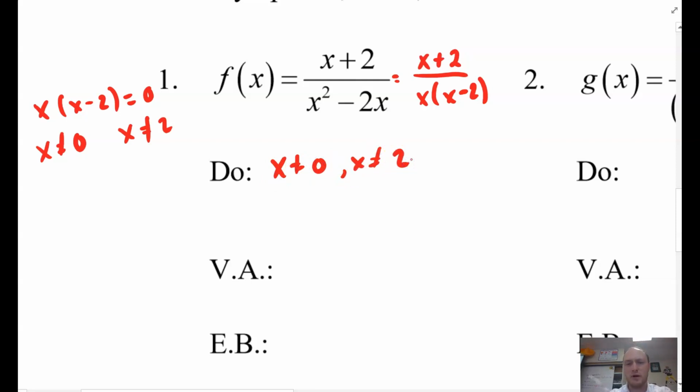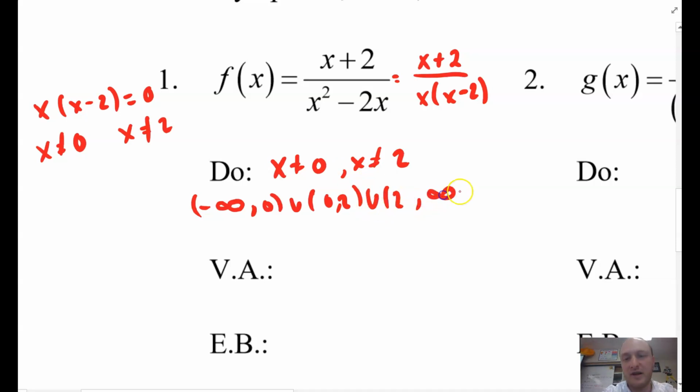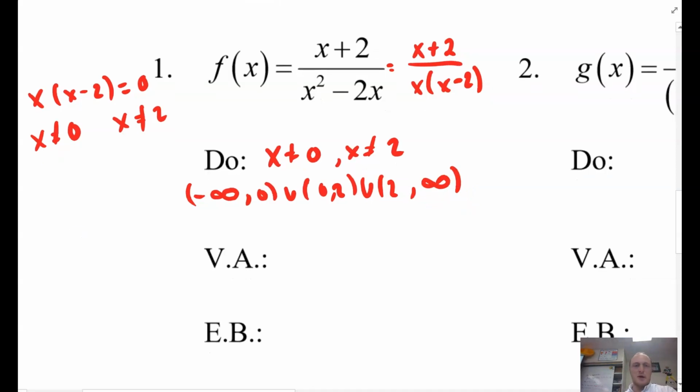If you want to write this in interval notation, negative infinity to 0, union 0 to 2, union 2 to infinity. That's how you would write it out. All right, because I have these domain restrictions, my denominator can't be these values, we get asymptotes here.